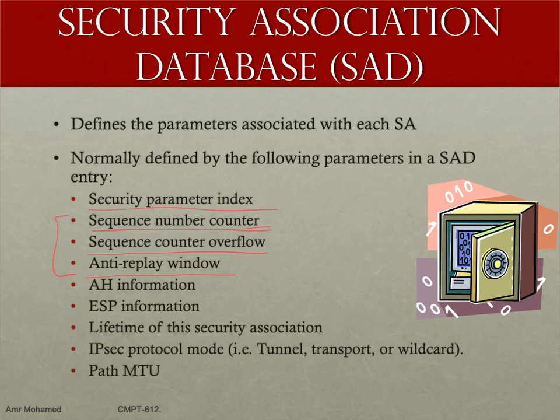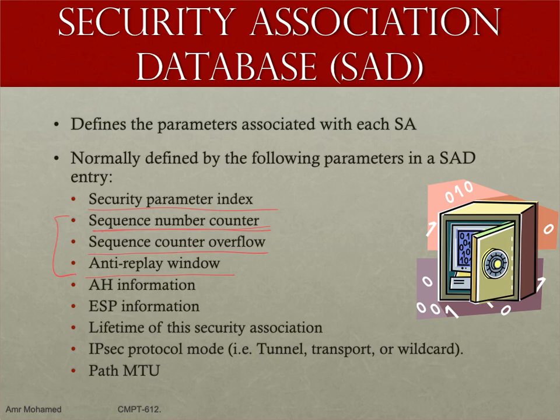Again, it's related to the inherent features of IP, right? Because IP is inherently unreliable. So packets flowing into the network, there is no guarantee they will arrive at all. And even if they arrive, there is no guarantee they arrive in order. Right? Now if I get packet 1 and then packet 3, and then packet 2, is this a replay attack or what? The packets are supposed to be coming fresh.